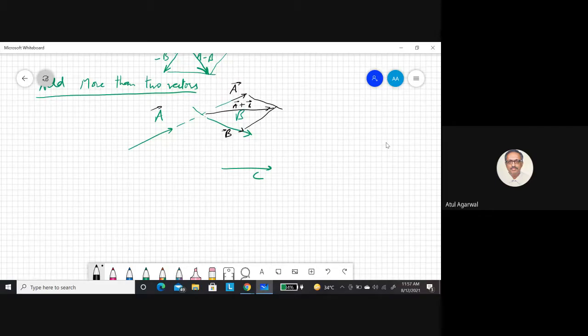Now you have to add these two vectors, A plus B and C. Now they are looking like parallel. Suppose they were not parallel. They are joining somewhere.